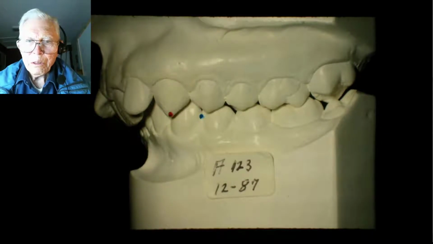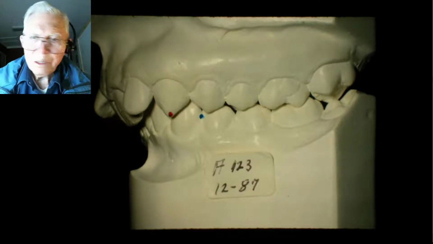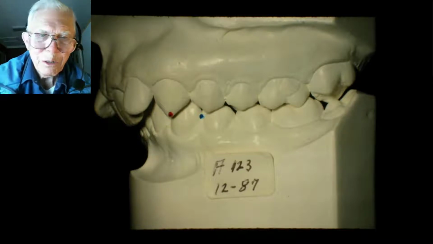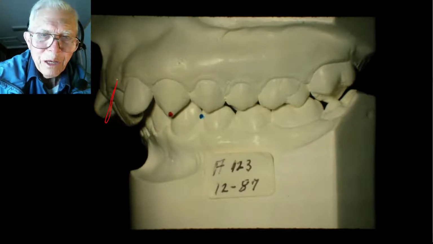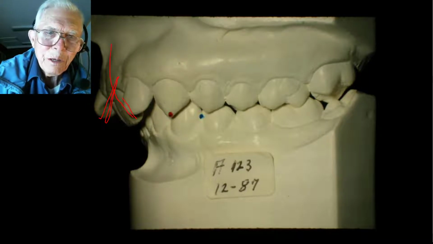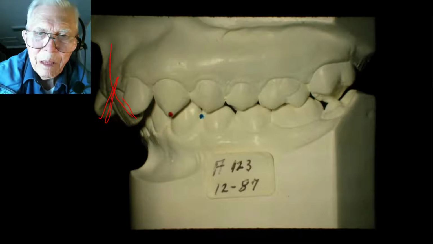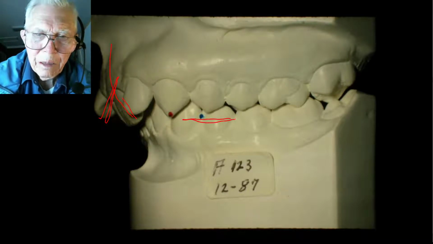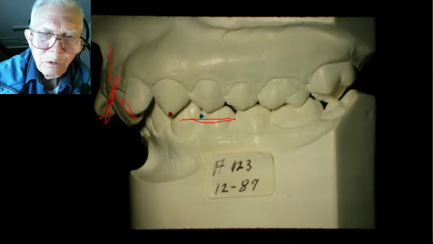Now here is the class. This is a classic class 2, division 2. Now these front teeth need to be out here, and they're back here, and the roots are going up this way. Now they have trapped the jaw back, and the jaw wants to move forward right in here.